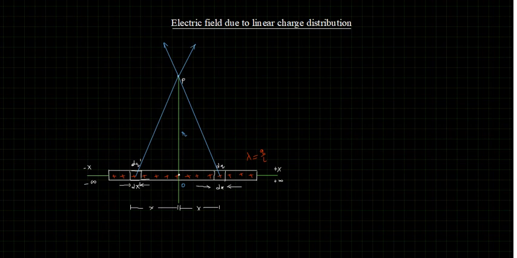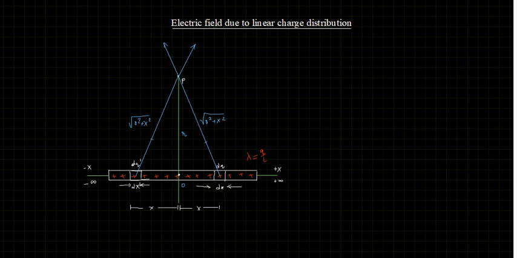Right? So if this distance is x and this is r, how much is this distance? This is square root of r square plus x square. This is also square root of r square plus x square. Correct? We need to find the electric field this way. If we compare this distance and this distance, we see they are the same.